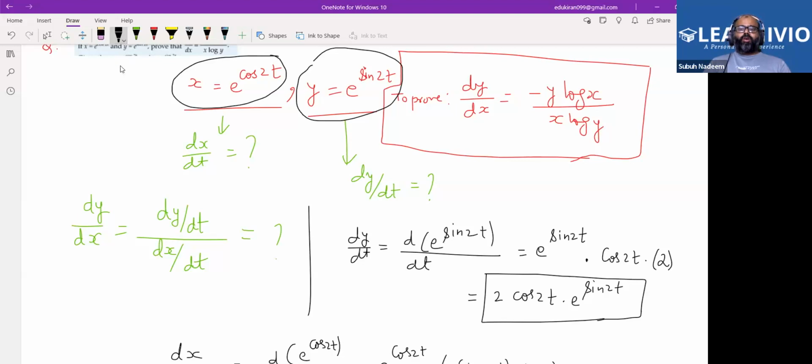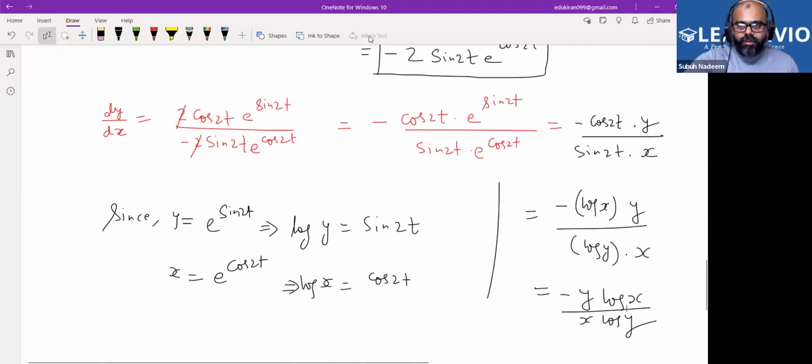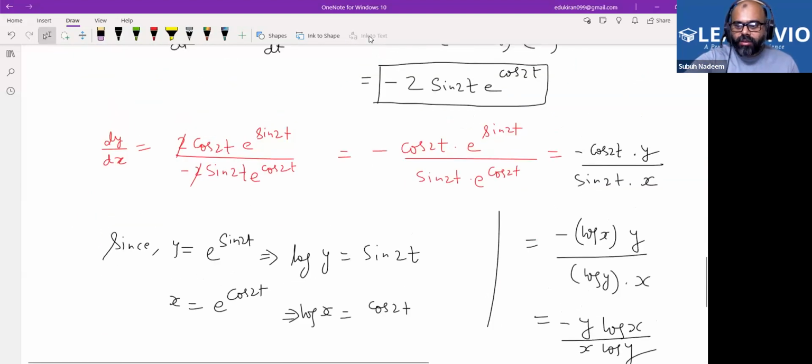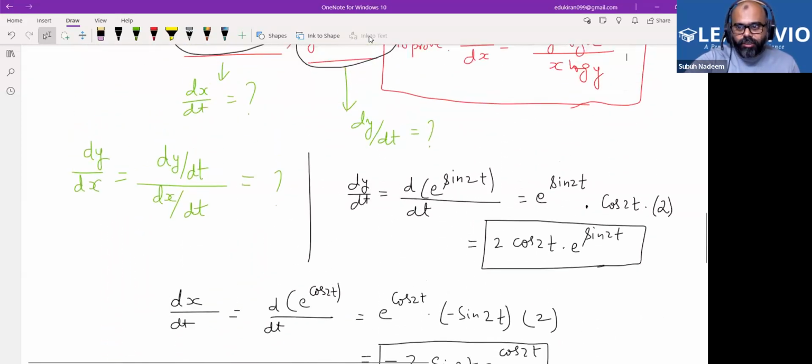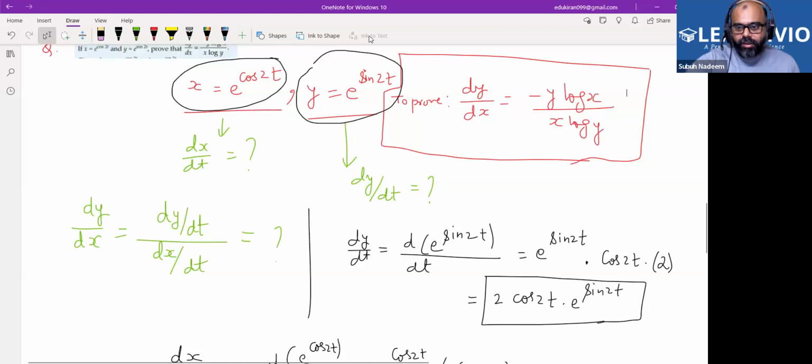Did I scroll it down? So I'm scrolling it down. You have noted till this part, I think you have noted.